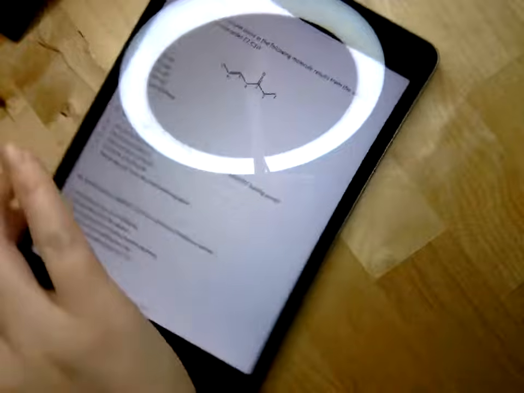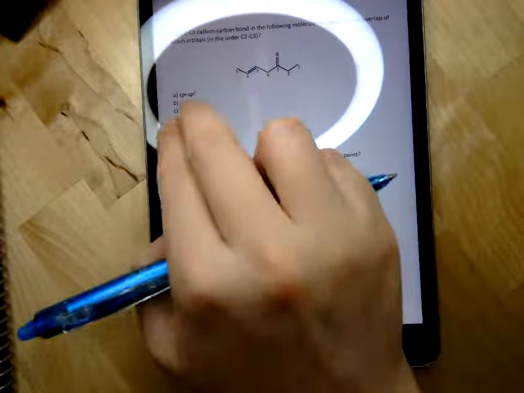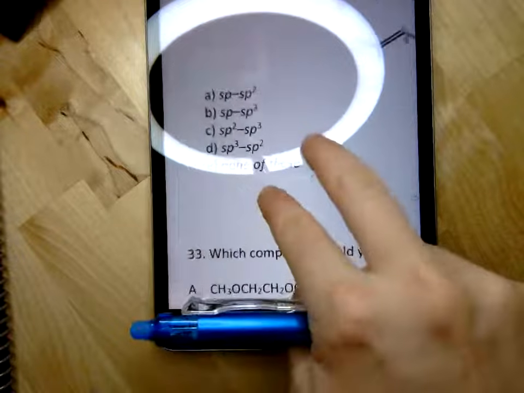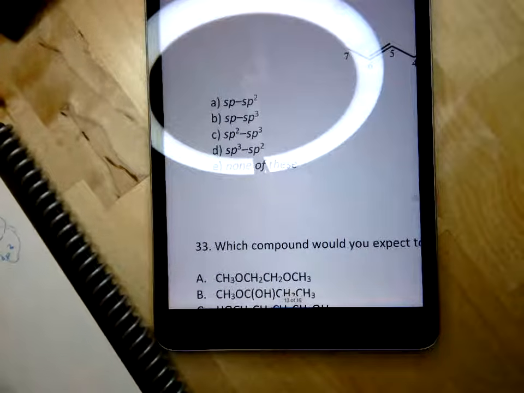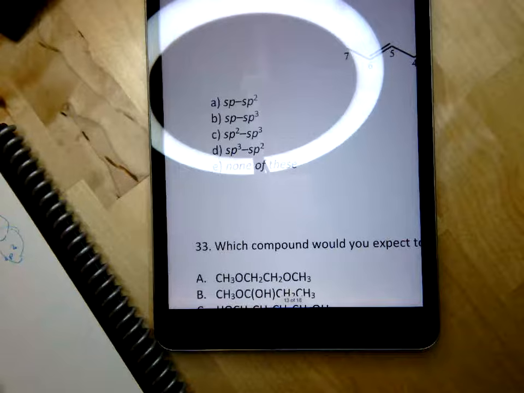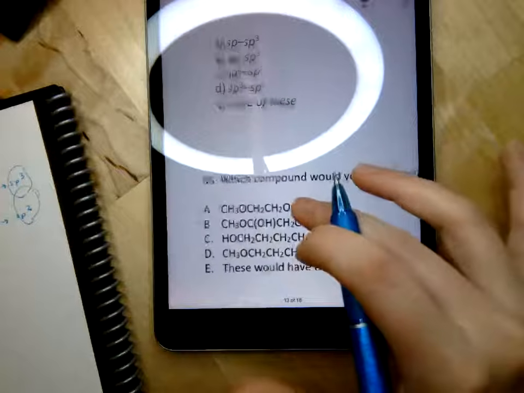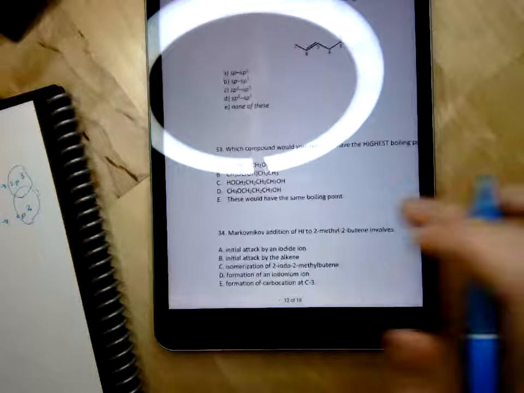So that's all I'm looking for here, is that hybridization, and it looks like sp3, sp2 is answer D for question 32.